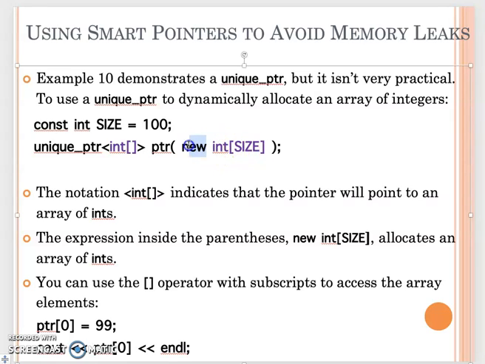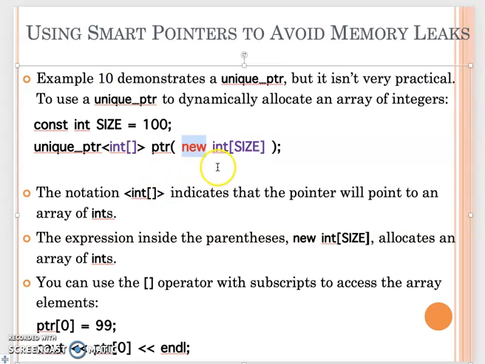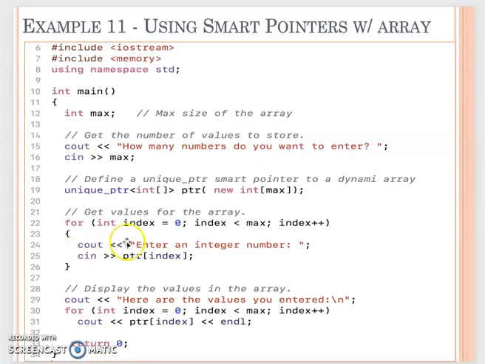But this one, because it uses the new keyword, that's dynamic memory. With dynamic memory, when you create the array, we allow either a constant or a non-constant variable in the square bracket to specify the size. That's why here you can see we do that.